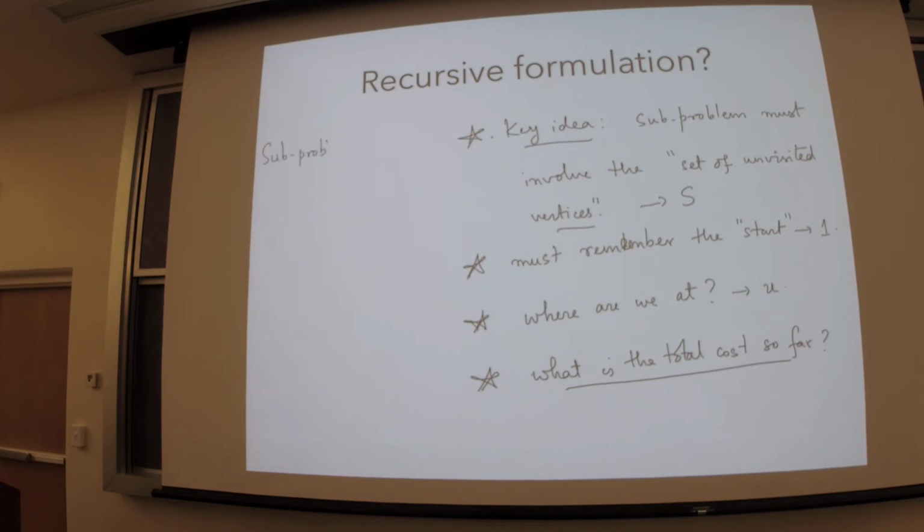So you will find the minimum cost path starting at U, visit all the vertices in S precisely once, then go to 1.